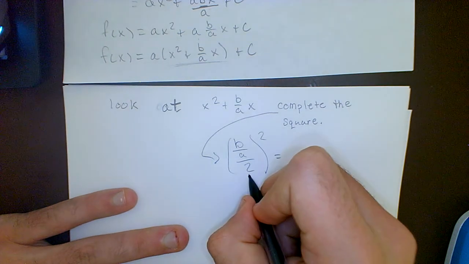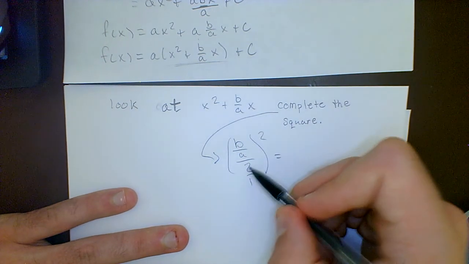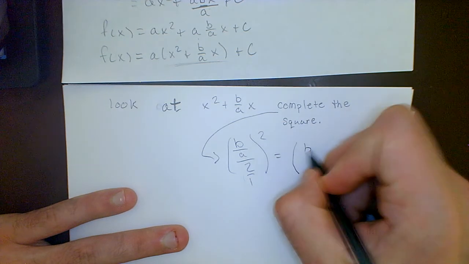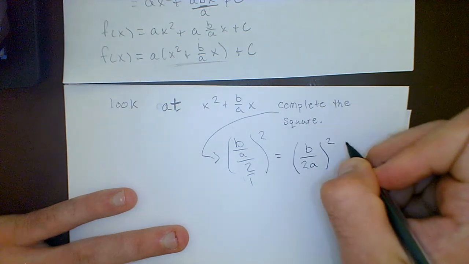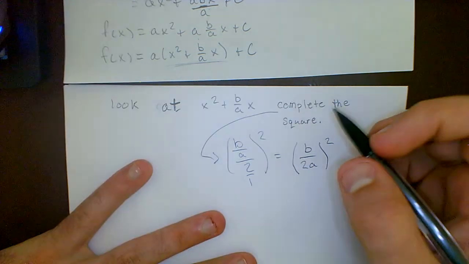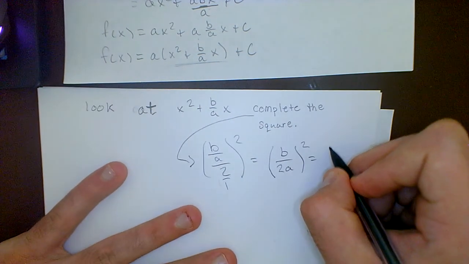So this can be rewritten, right? 2 is really 2 divided by 1, and when we're taking a fraction and dividing it by another fraction, it's the same thing as multiplying it by the reciprocal. So this is the same thing as b over 2 times a, squared. And when we're squaring a fraction, we can distribute that exponent.